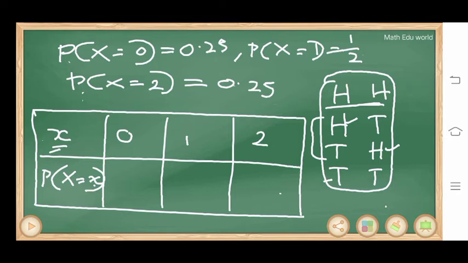When x is equal to 0, the probability is 0.25, when x is equal to 1, it is 1 over 2, and when x is equal to 2, it is 0.25. So this is a probability distribution table.